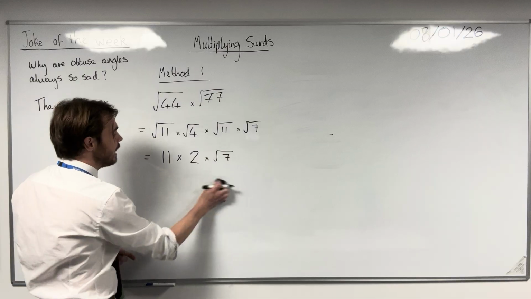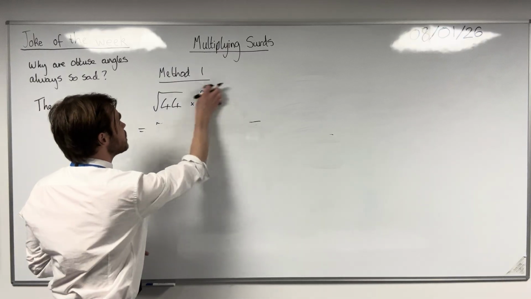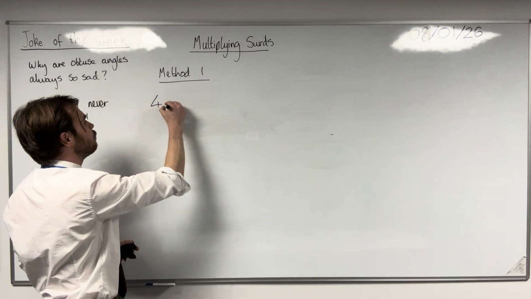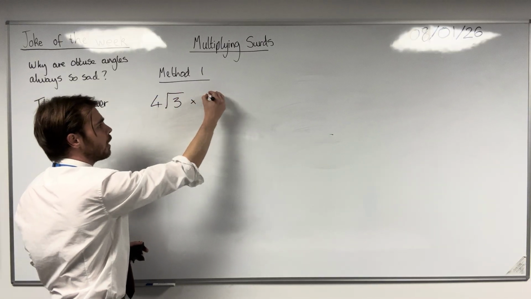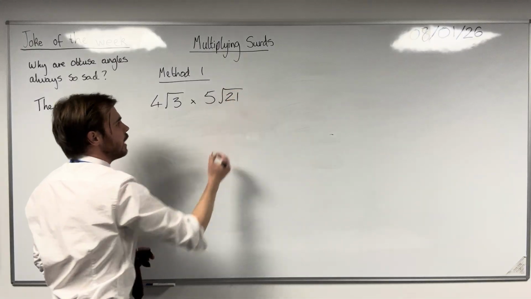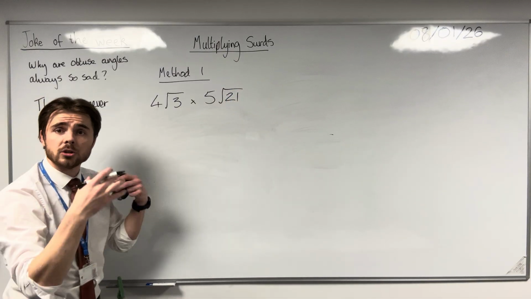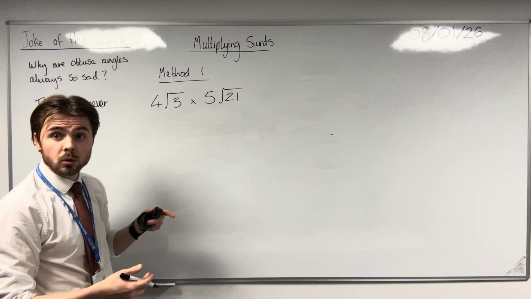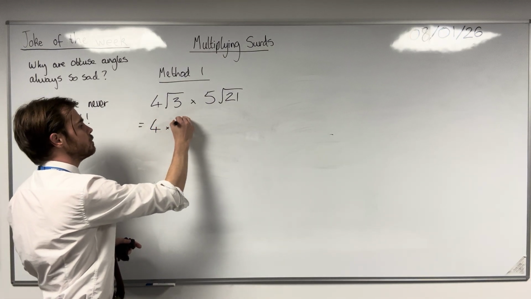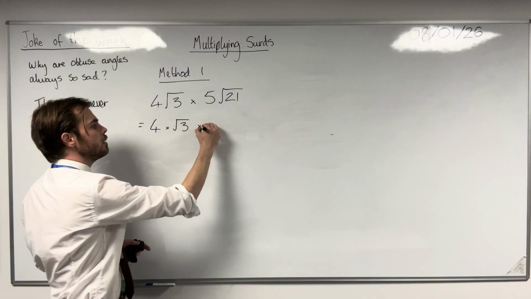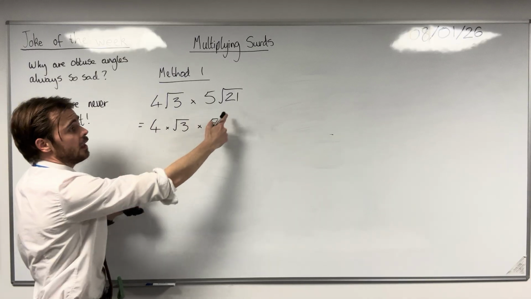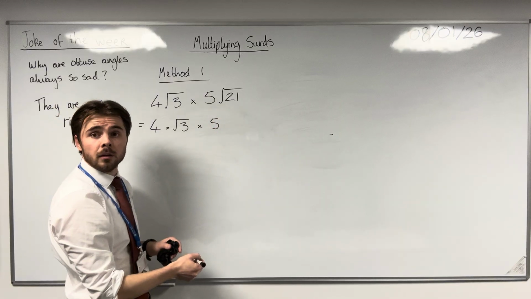Final example then is when there are integers out the front. So we've got 4 root 3 times 5 root 21. Now we do the exact same thing. We just treat the integers as normal numbers, okay? So I've got 4 times root 3 times 5. All I've done is separate these with multiplications, and then I'm going to break down the square root.